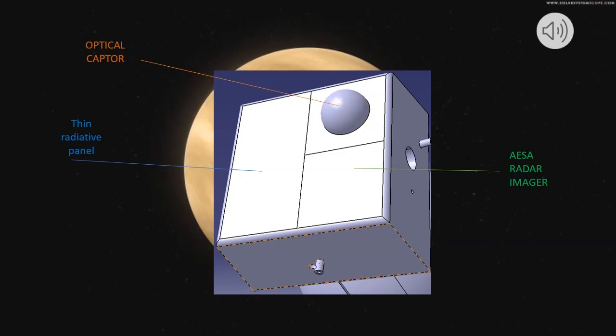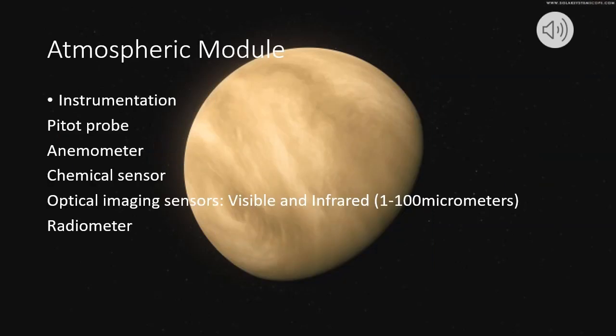Then we have the optical sensor that will be used for capturing images of Venus. And with the captured images, we put on the module an ISA radar imager that will perform the post-treatment of the image. The main objective of our atmospheric module is observation and calculation inside the atmosphere.